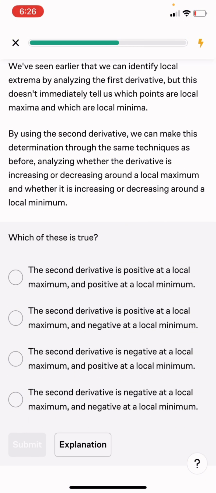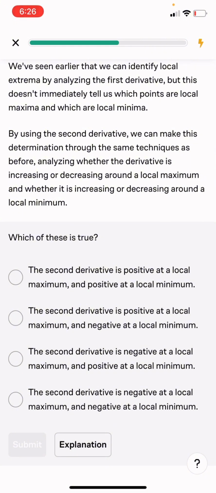Increasing or decreasing. Second derivative, negative and positive. So, is it technically like decelerating? It's positive.